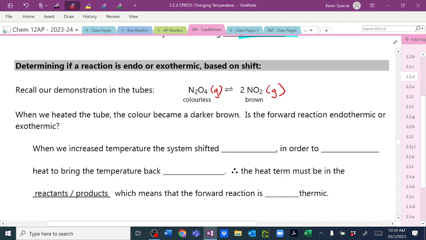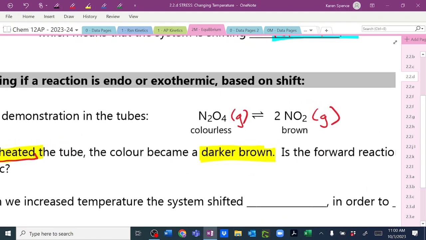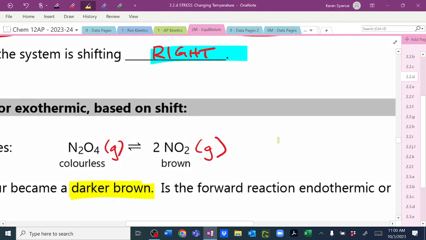When we heat the tube, it becomes a darker brown. Now, the question is, is the forward reaction endo or exothermic? See if you can think your way through it before you walk through the whole thing.